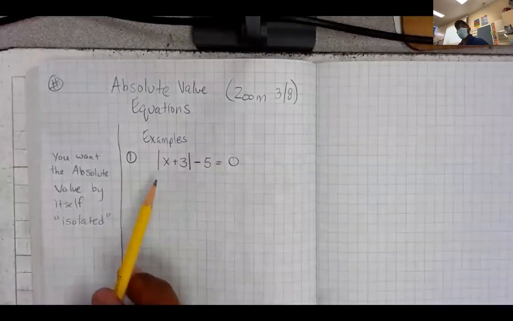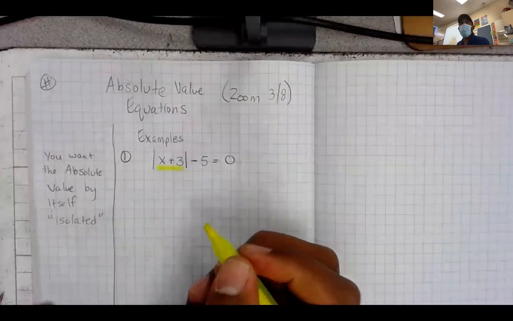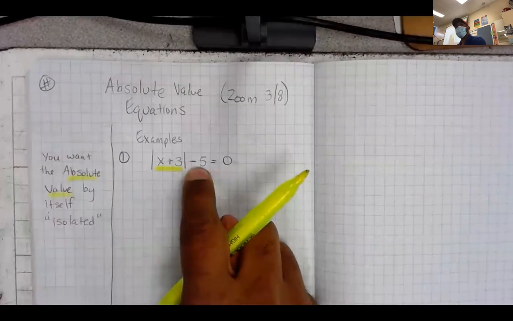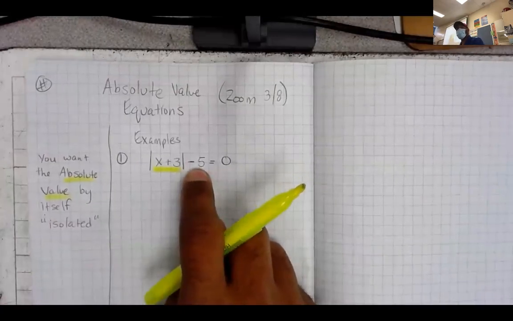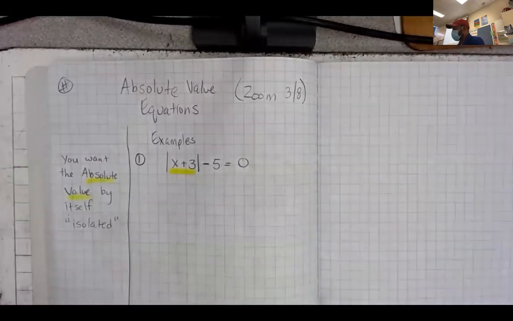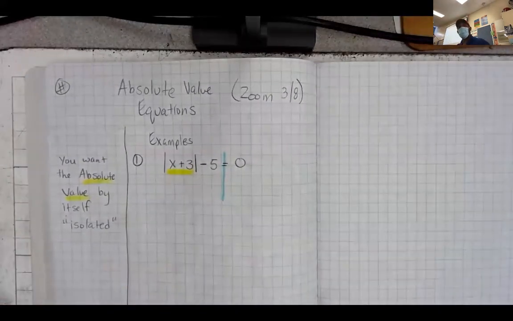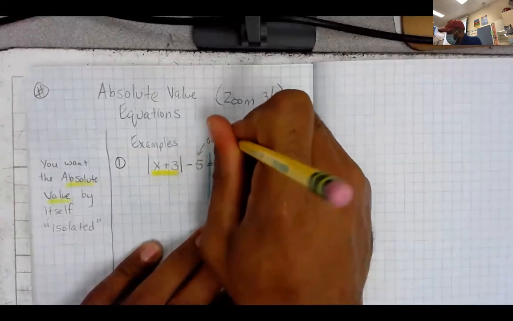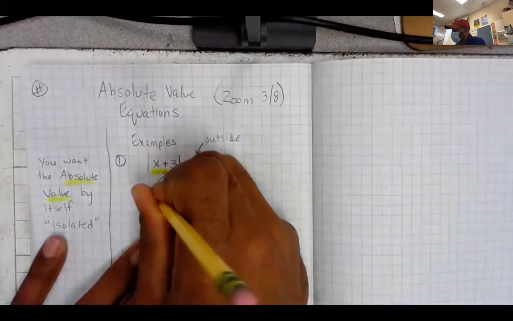So what I'm referring to is this part here, just that part that's inside the bars. That's what we want by itself. So in other words, anything outside of the bars, we want to cancel that out and basically remove it from the left side of the equation. Because remember, if I divide this equation down the middle, right on the equal sign, anything outside needs to go. Anything inside, we're not going to touch.